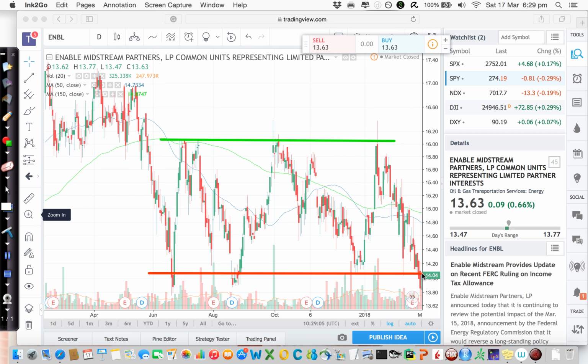Remember, support and resistance are not lines, they are zones, but it's clear that the price is moving in this range. When it bounces here, it goes up. When it bounces here, it goes down.